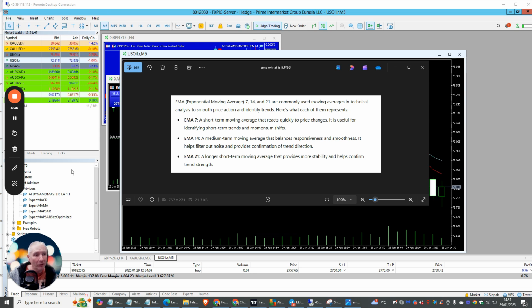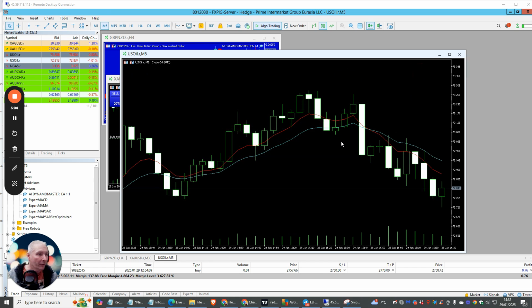It's also useful for identifying short-term trends and momentum shifts. EMA 14 is a medium-term moving average that balances responsiveness and smoothness. It helps filter out noise and provides confirmation of trend direction. Remember, trend is our friend. EMA 21 is a longer short-term moving average that provides more stability and helps confirm how strong the trend is. Okay, so that's just going over what that is.